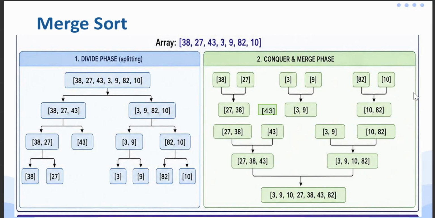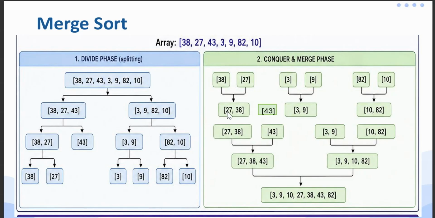Then from this step you have to combine the left subtree and the right subtree elements. Here also you combine initially the left subtree and then the right subtree elements.